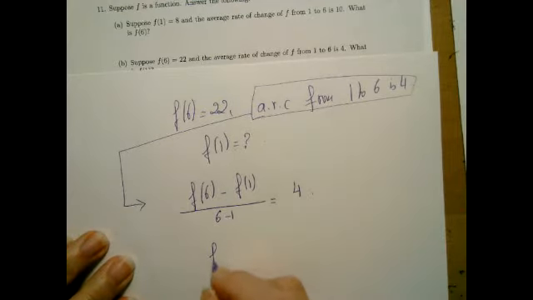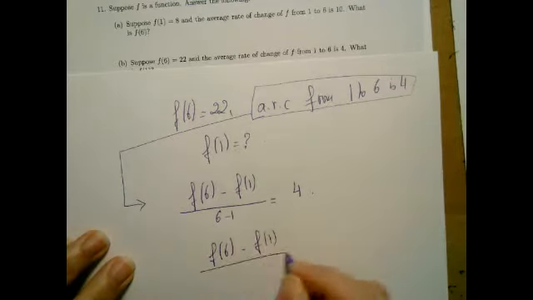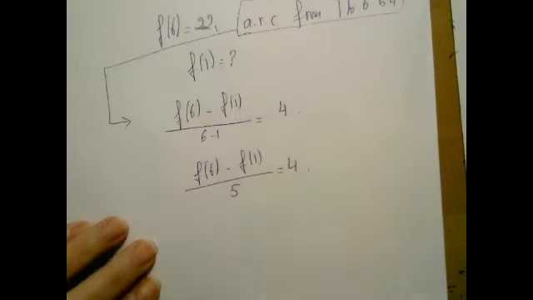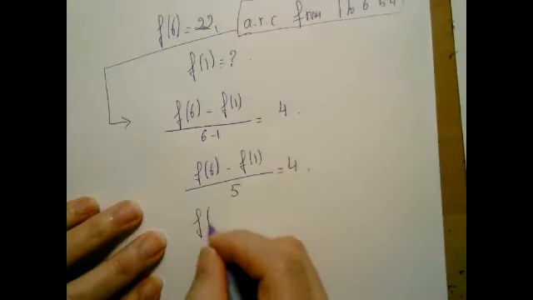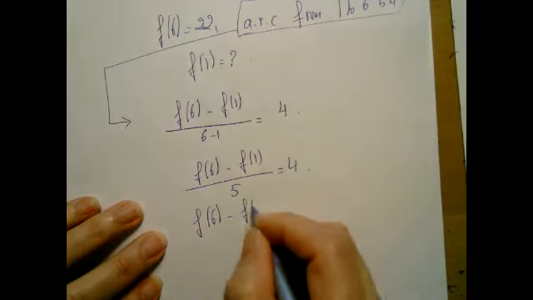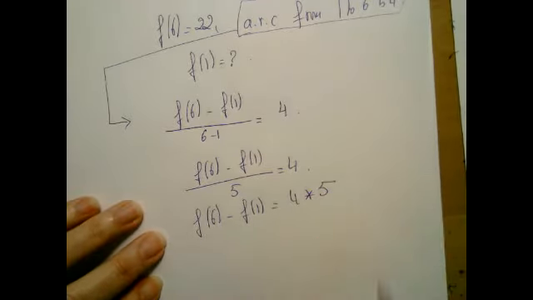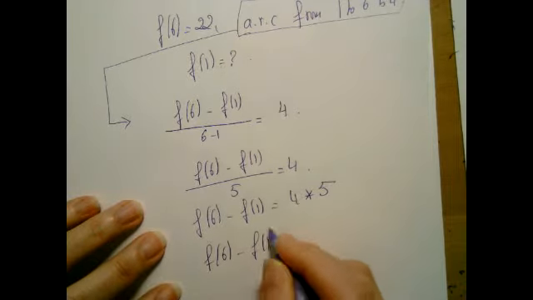So f of 6 minus f of 1 over 5 is equal to 4. Multiply by 5, it means the change in y is 4 times 5, which is 20.